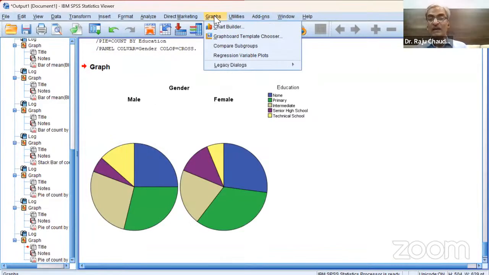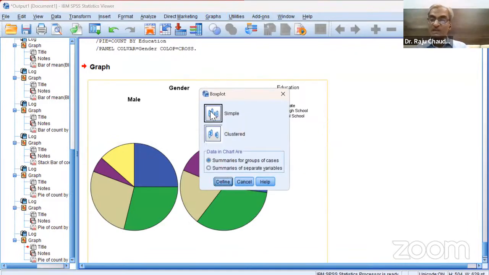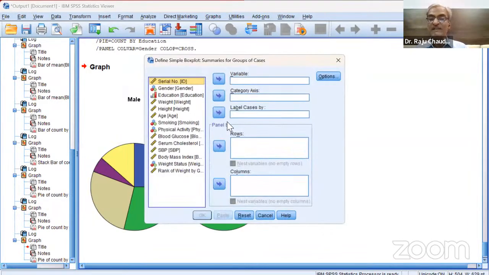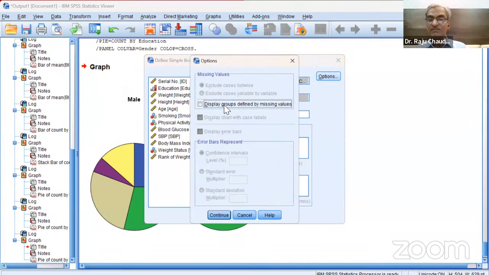So it is Graphs, Legacy, Box plot, Simple box plot, Define, right? And what we have selected is serum cholesterol as a variable, and we need a categorical variable, that is gender. Categorical variable: gender.